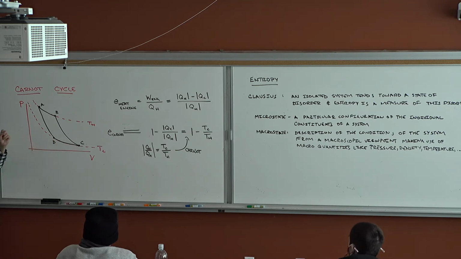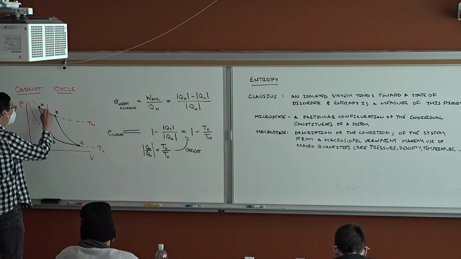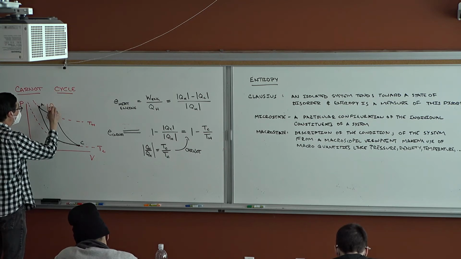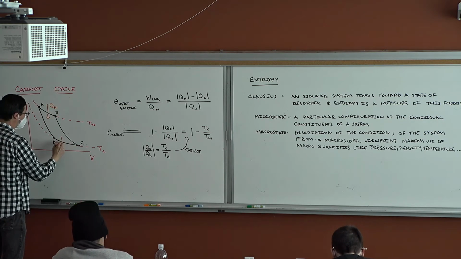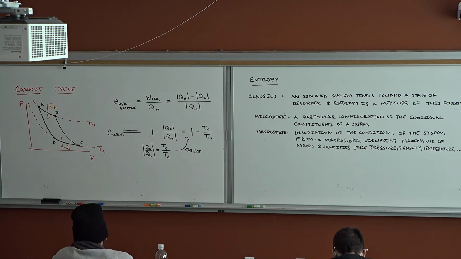C to D, yeah? And so in my, again, this is a bad cartoonish description of what's happening, right? But I'm going to call this QH, and I'm going to call this QC. If it's an isotherm, delta T is 0.